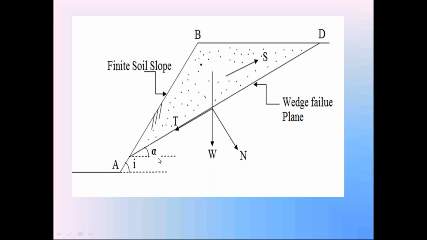N is equal to W cos alpha. Phi is the angle of shearing resistance. By conducting the field experiments, we can find out that phi value also from the field observations. So find out this shear strength force S. So the shear strength force S is equal to C plus N into tan phi.